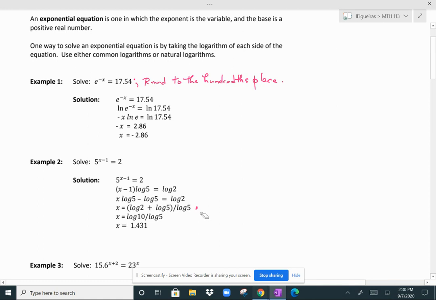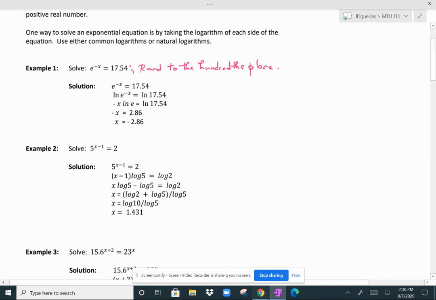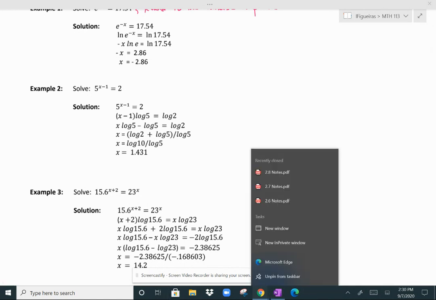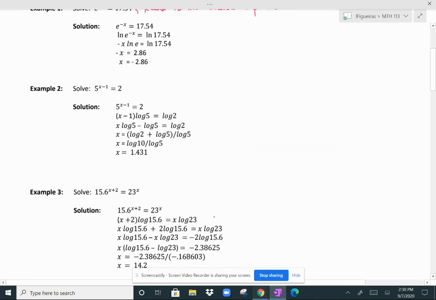All right, so let's do another example. I have 15.6 to the x plus 2 equals 23 to the x. This time I have x's in the exponents, but in two different places, on the left and right side of the equal sign. I can again use either common log or natural log. I use common log again.